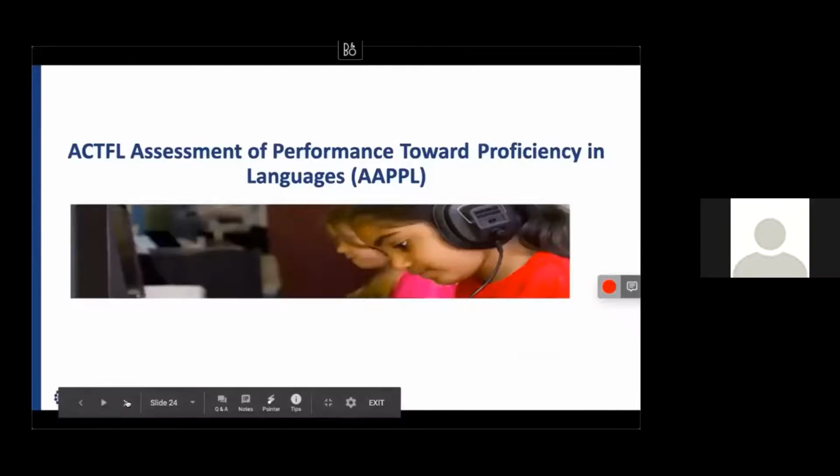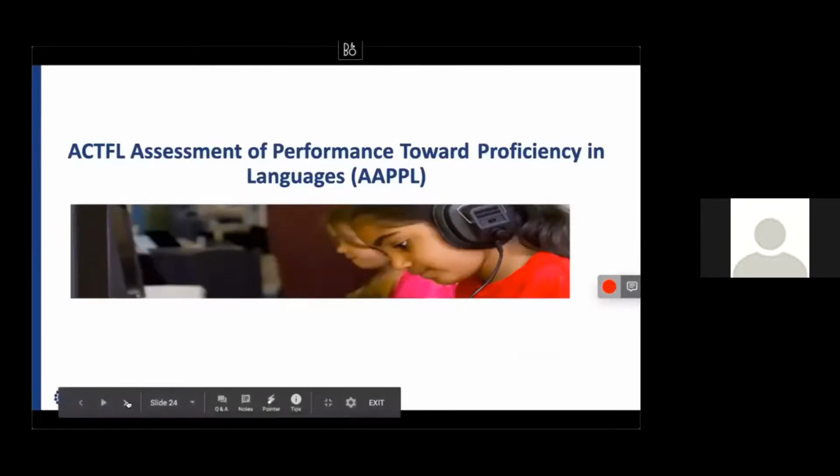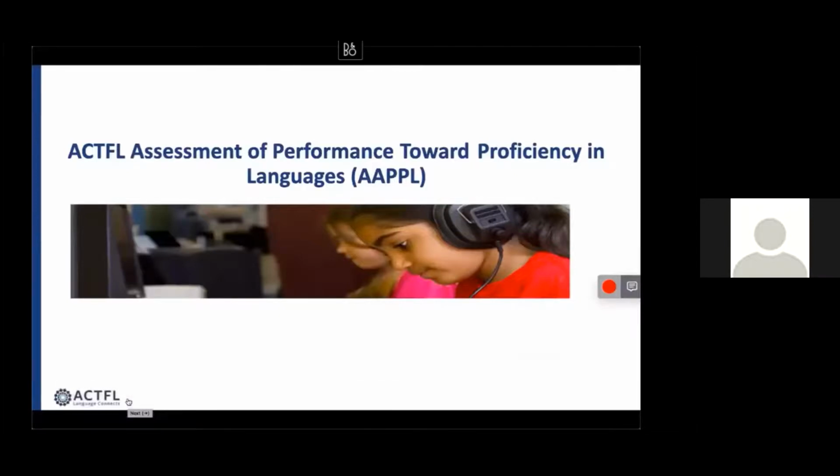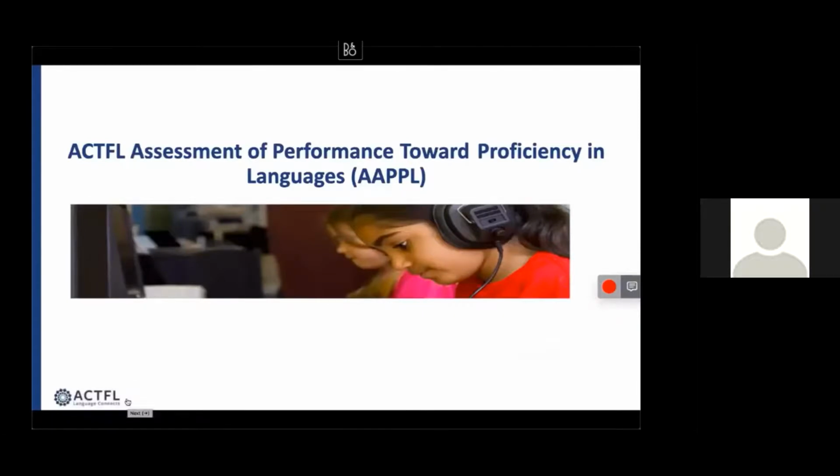learning to standards? And for this, ACTFL relied on its main framework of assessment, the proficiency framework, and created a test that tested performance, that is to say, how well students are able to use language that they have learned and practiced in the classroom based on their curricular studies.